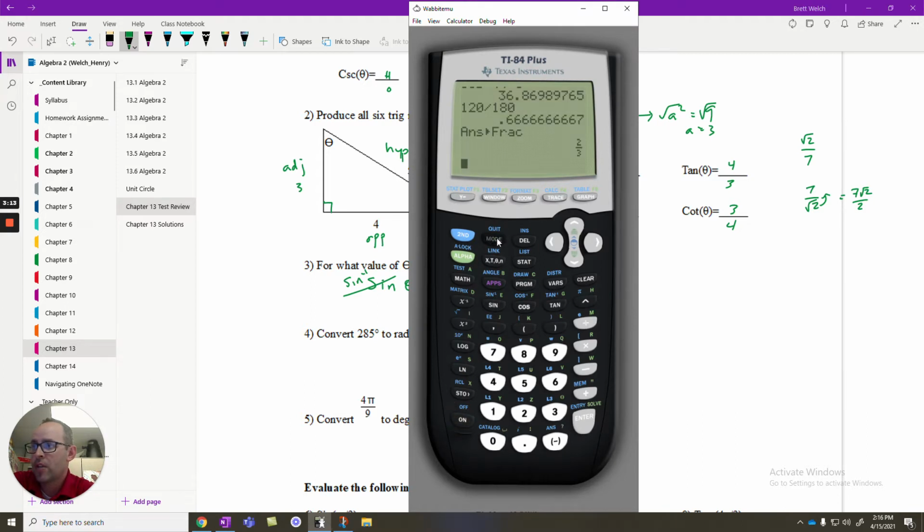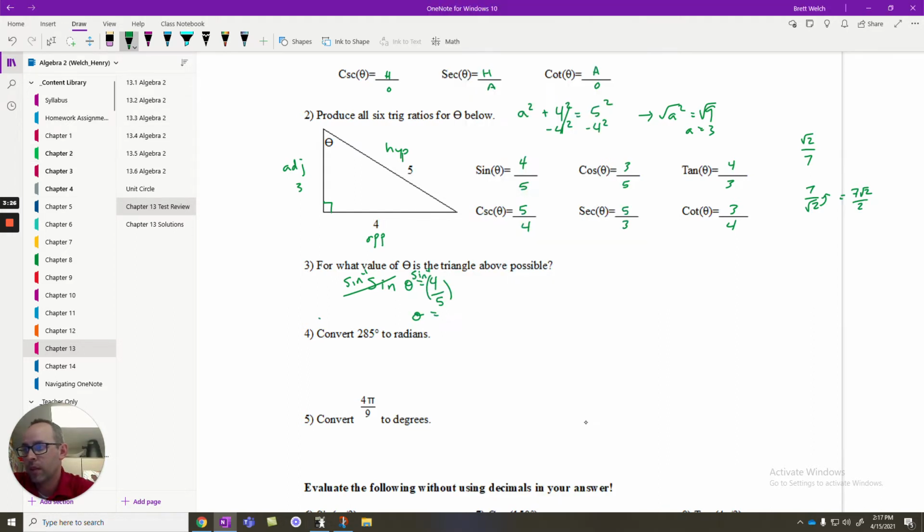When I turn it on, I make sure my mode is degrees, which mine is, and I press second sine 4 divided by 5. That gives us a 53.1 degree angle. So theta is 53.1 degrees. Yes, you should be able to pick. And if you had chosen to do cosine or tangent, you'd use those inverses and get the exact same answer.